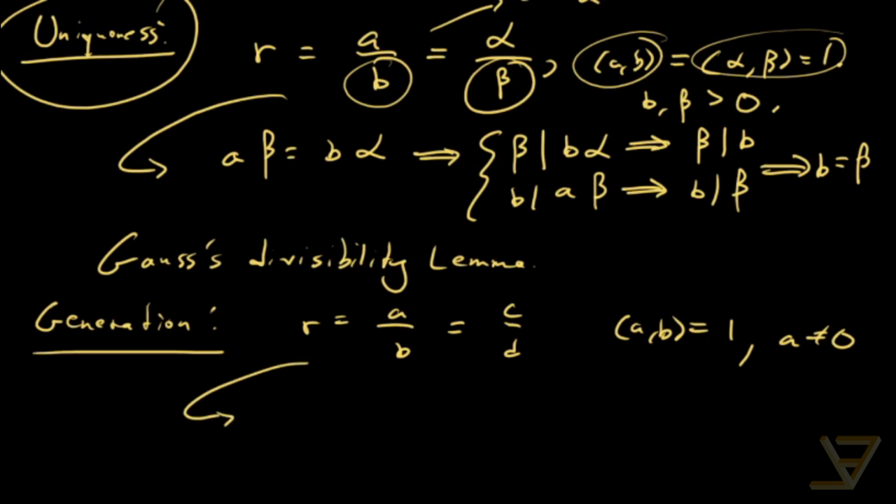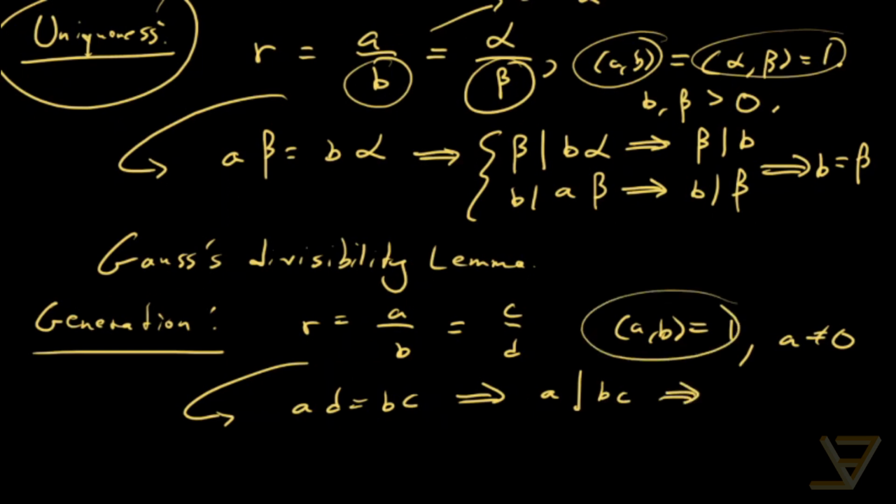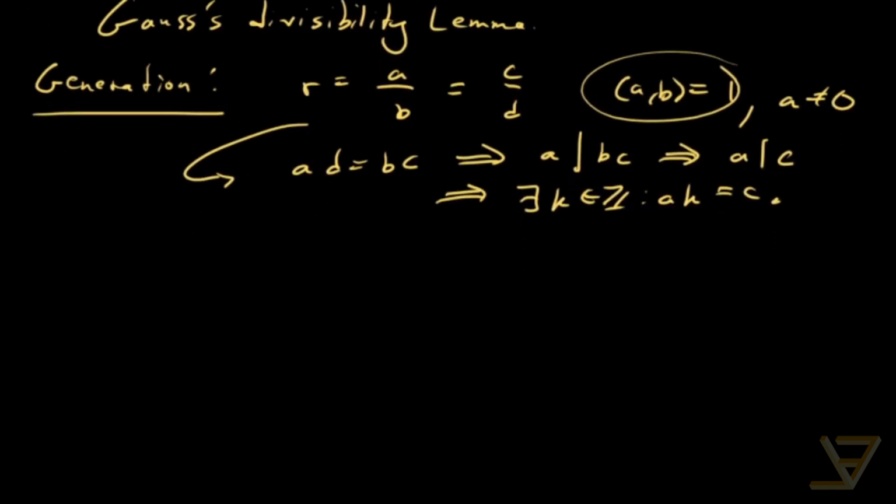So we're going to write this as AD is equal to BC. And that's going to mean that A divides BC. And by Gauss's divisibility lemma, again, since the GCD of A and B is equal to 1, this is going to mean that A divides C. And we also get, by definition, that there exists an integer k such that Ak is equal to C. So we can substitute that into this to get AD is equal to BAk.